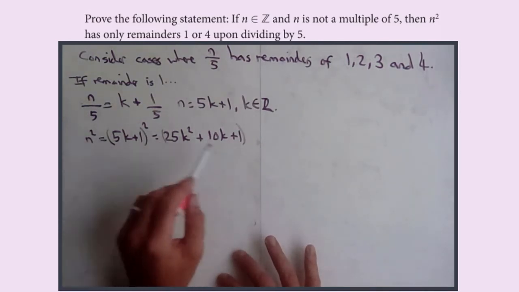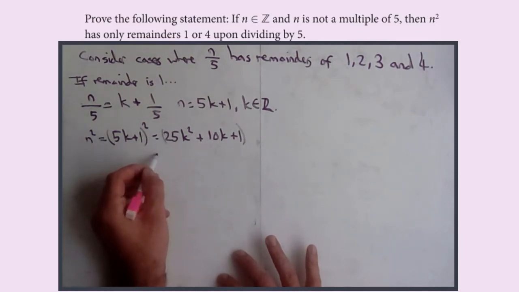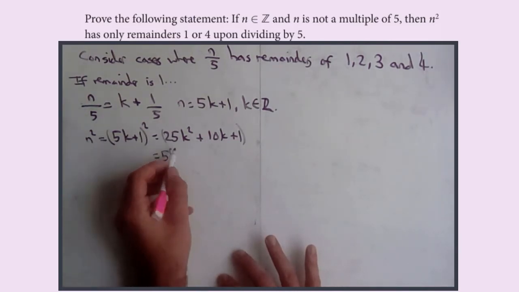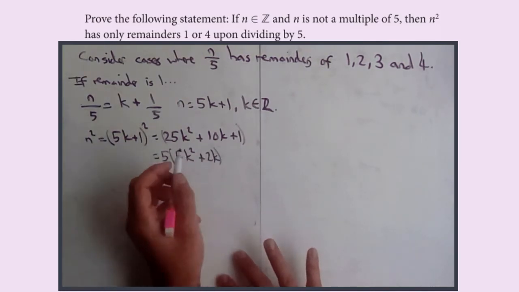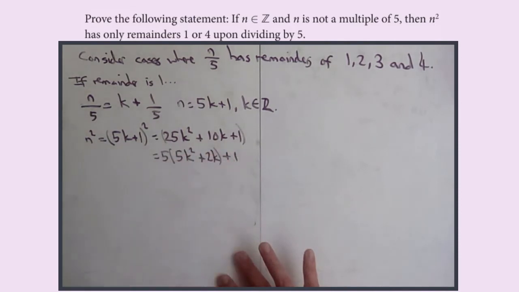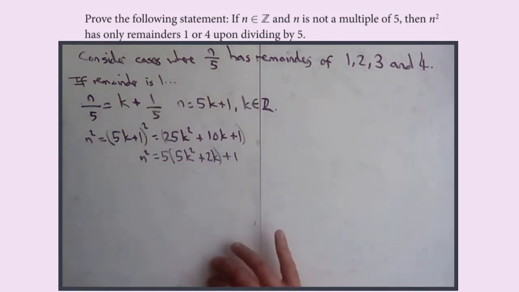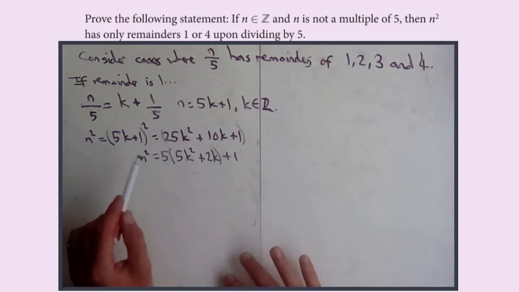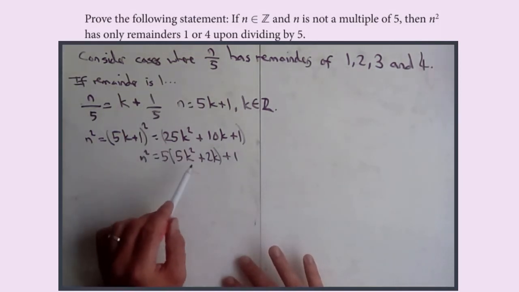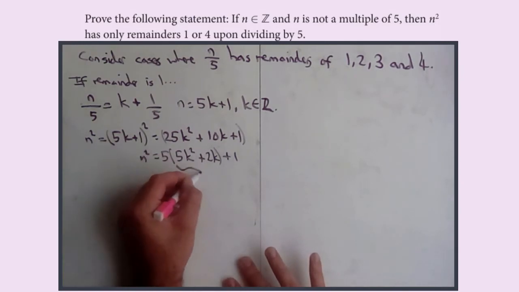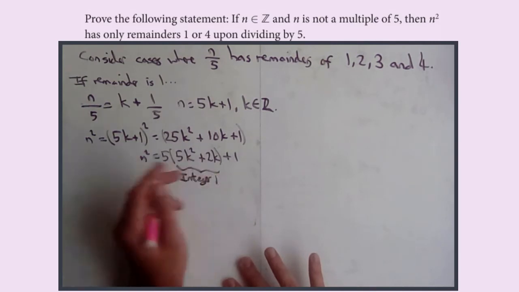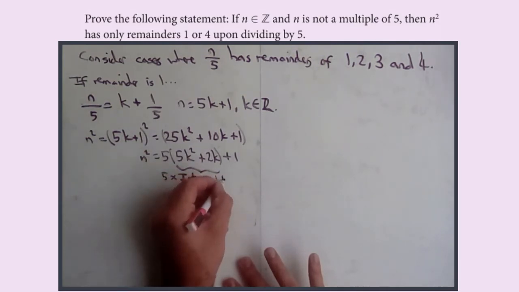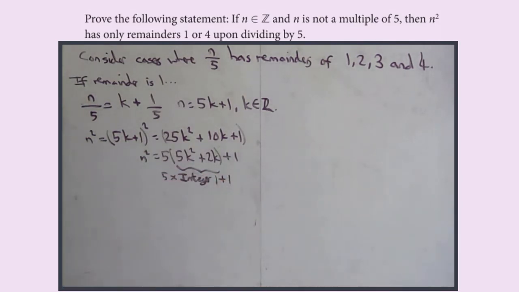So if we pull a 5 out, that would be 5 times (5k squared plus 2k), and I'm going to leave the 1 out, plus 1. So that is n squared, right? That means that n squared can be written as 5 times an integer plus 1, which means that the remainder is 1.